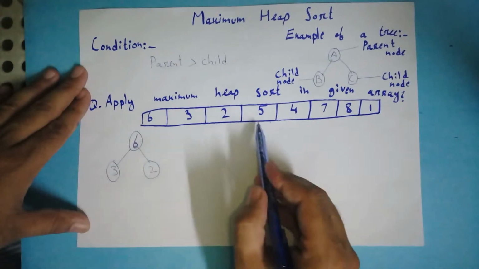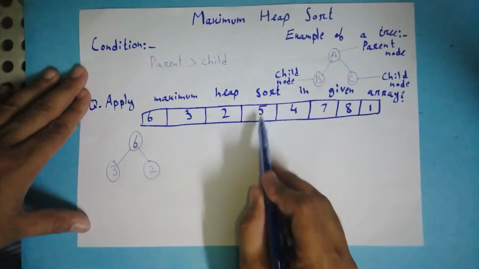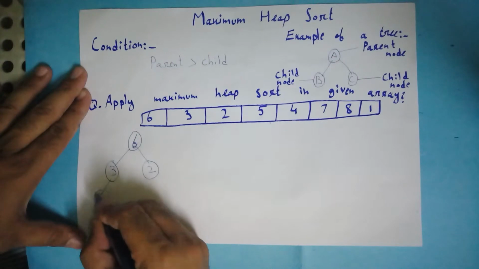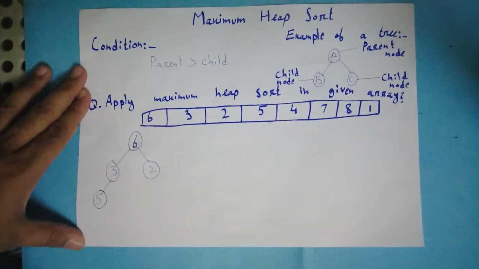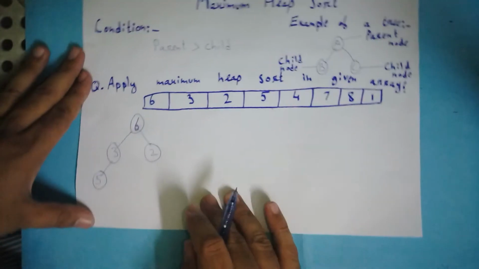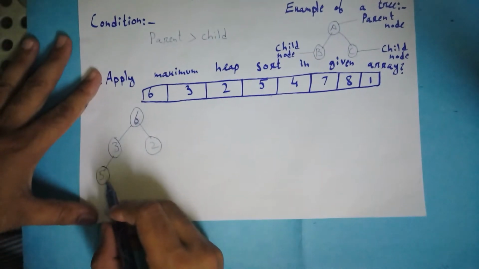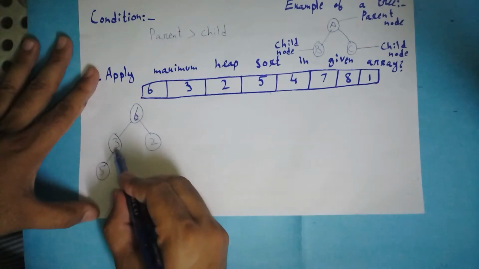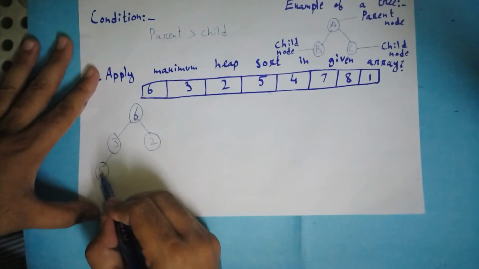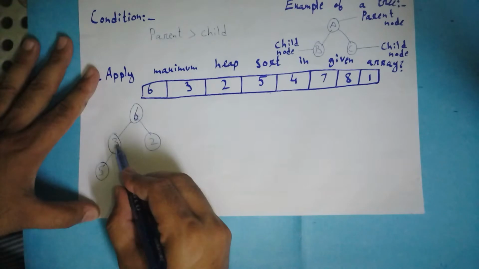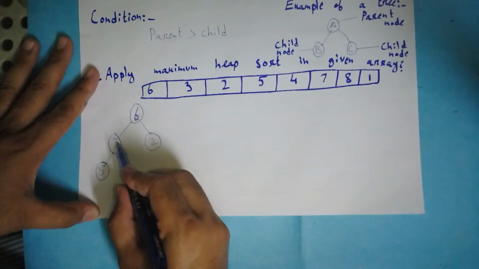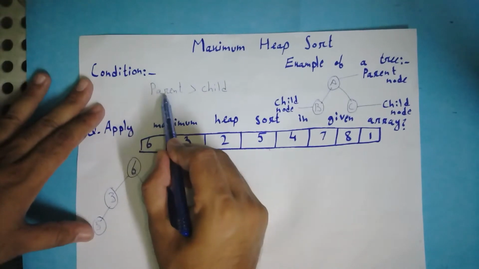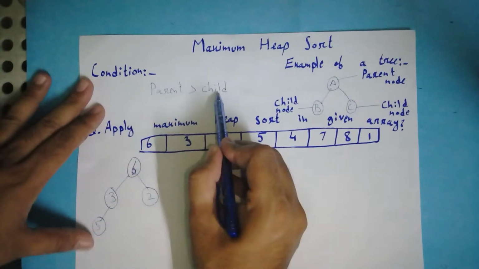Again I go back to the array. After 2 the element is 5, so I write 5 over here. Now I check the condition. 5 is a child node of this node, and 5 is greater than 3, so the condition is false, because in maximum heap sort the parent node should be greater than the child node.